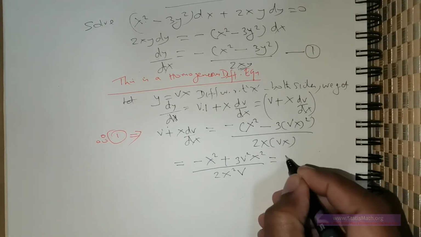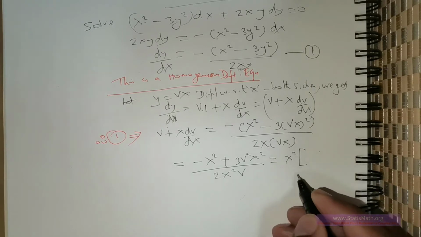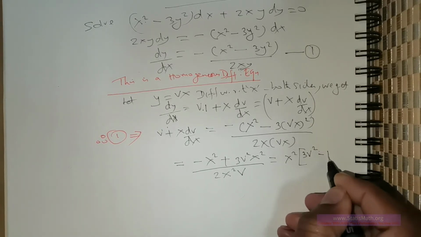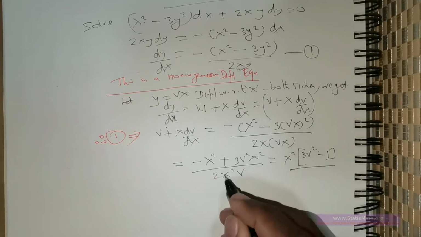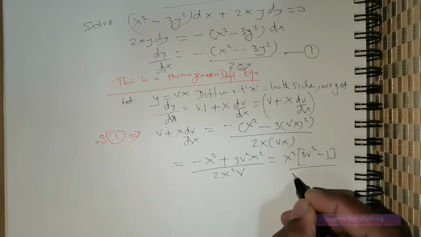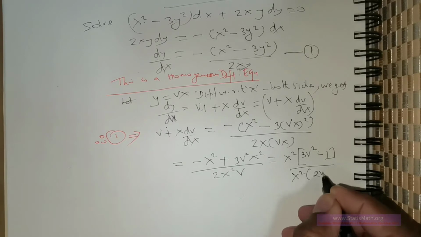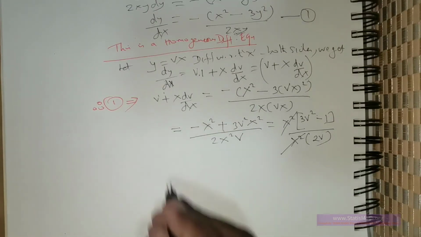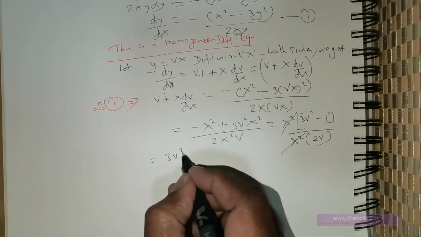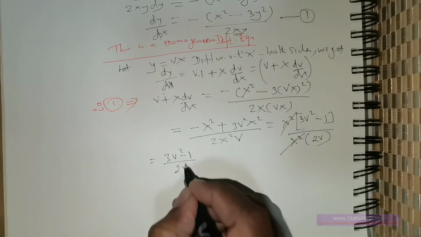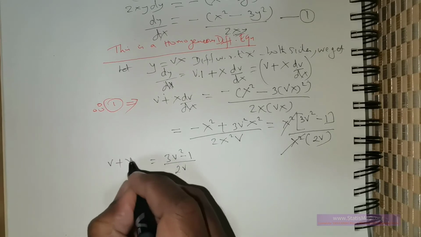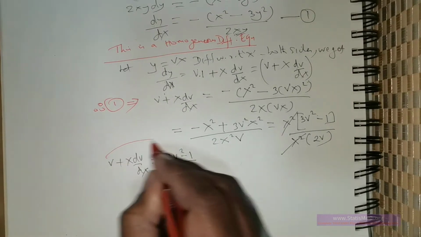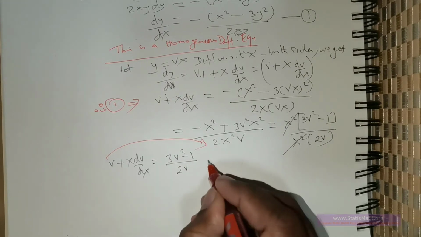Now I take x squared out, so this can be rewritten as x squared times (3v squared minus 1) divided by x squared times 2v. So x squared can be cancelled, giving me (3v squared minus 1) divided by 2v. On the left I got v plus x times dv over dx. Now I'm going to move this v to the other side.